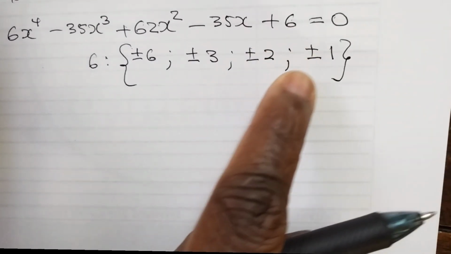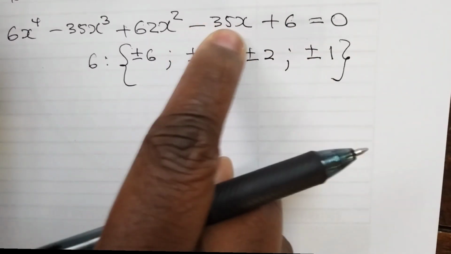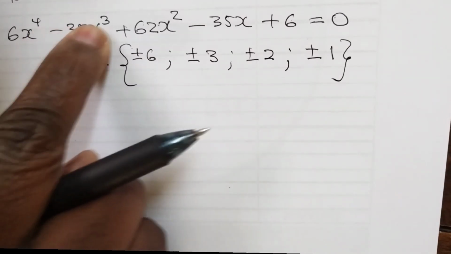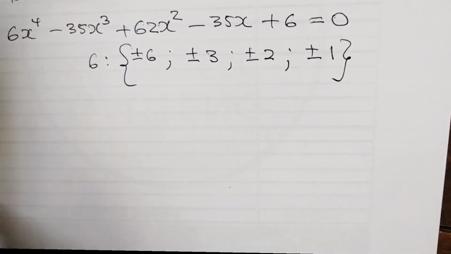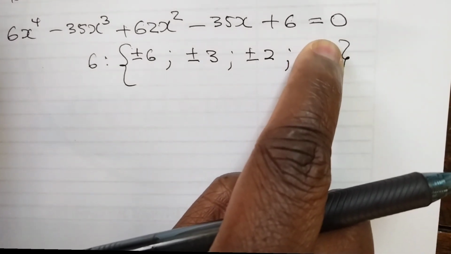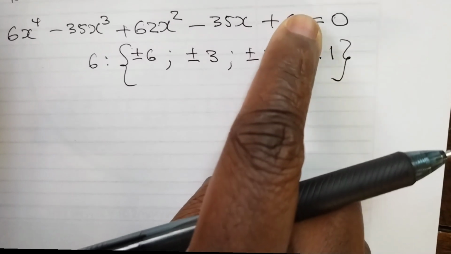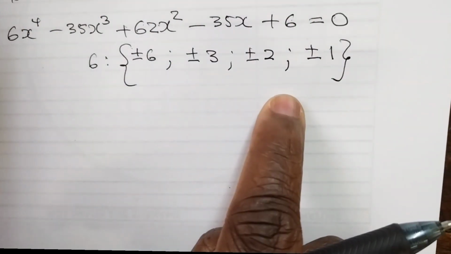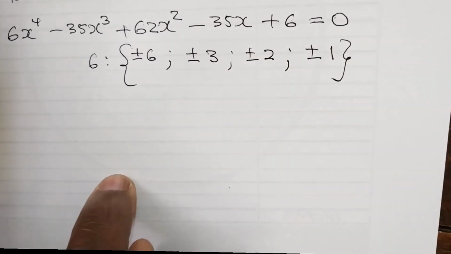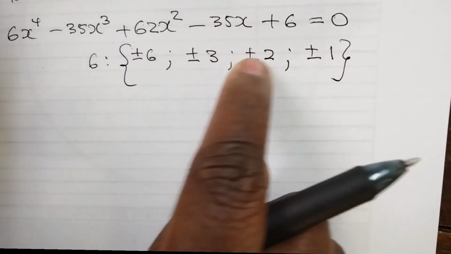The same, if I take minus 1 here, this will be positive 35. There it will be also positive 35, so they're not cancelling each other. So ladies and gentlemen, 1 and minus 1 cannot be used as roots of the quartic equation that we have in there. So now I'm going to take this second value, plus minus 2.